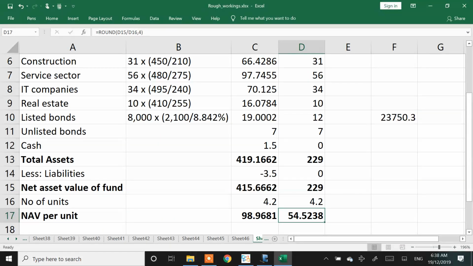Outstanding units remain the same at 4.2, but there is no cash and no liabilities. That's my assumption. I can make an alternate assumption, and the solution will undergo a change.